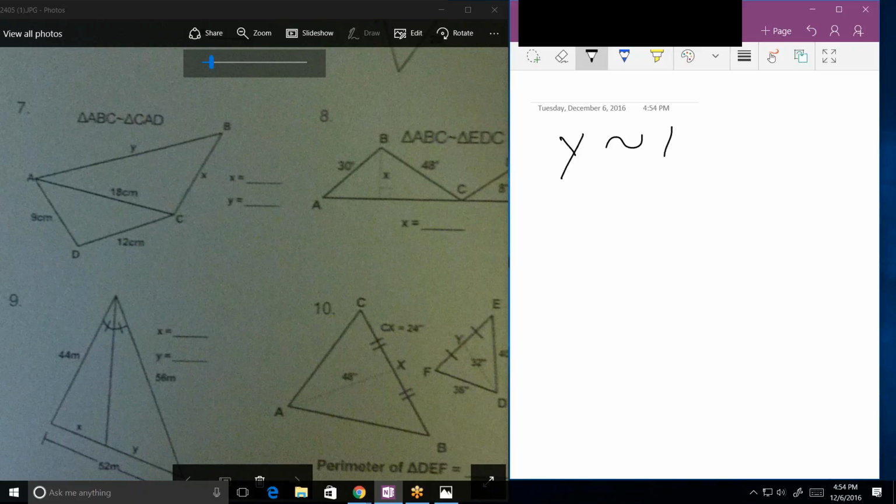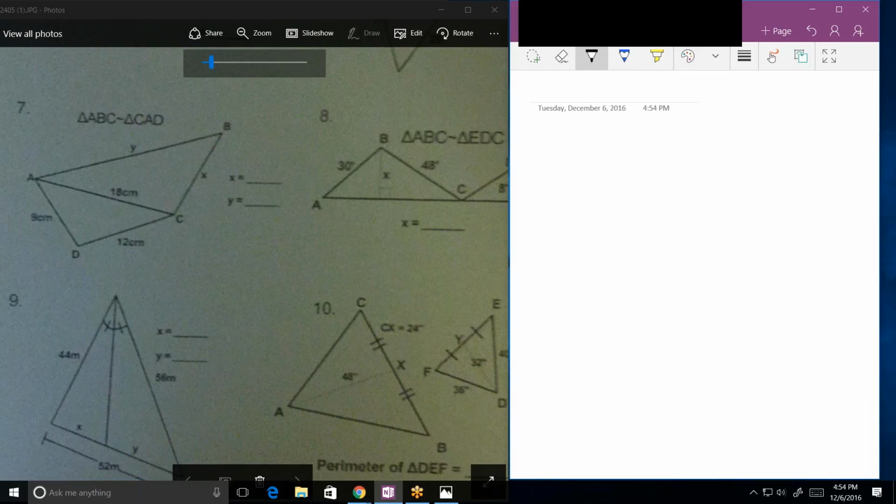Okay, so Y is similar to 18, right? No, yeah, you're right. And X is similar. How'd you get the other? Okay, let me do it your way.